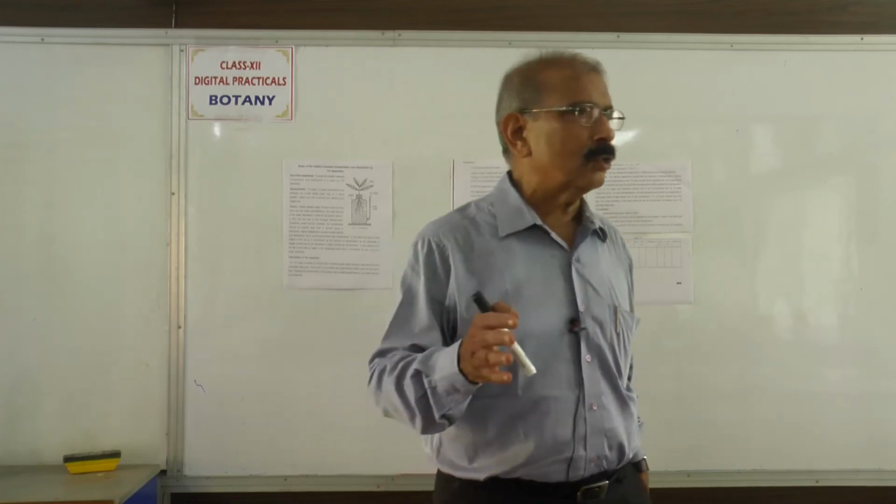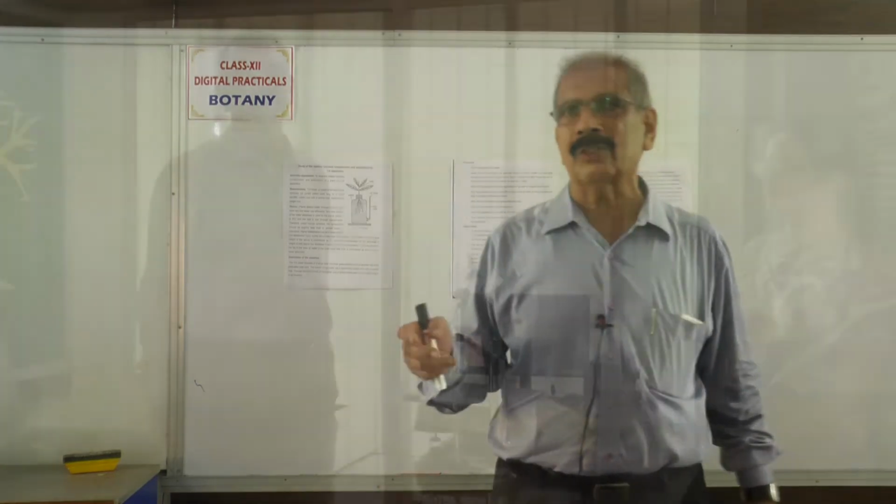So now we will show you the apparatus. This is the T/A apparatus. This is the water reservoir. This is the side tube, the graduated side tube. You see 0 to 20. We have taken a twig, then fitted it.